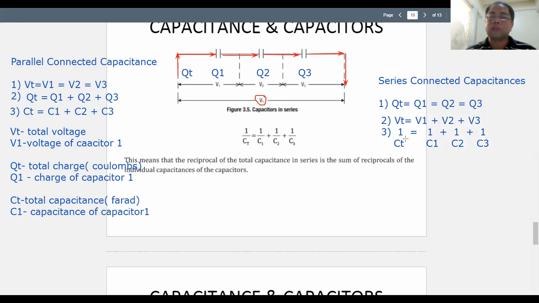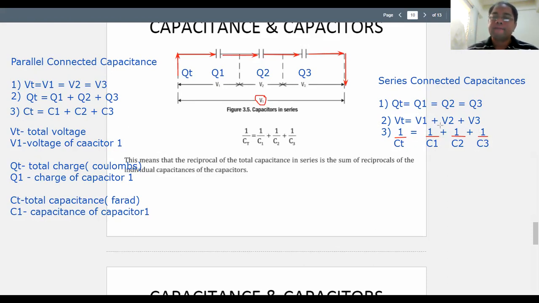So as to the question, why is it a ratio? So 1 over C total is equal to 1 over C1, plus 1 over C sub 2, plus 1 over C sub 3. And again, the reason for this is that we always go back to equation 2.